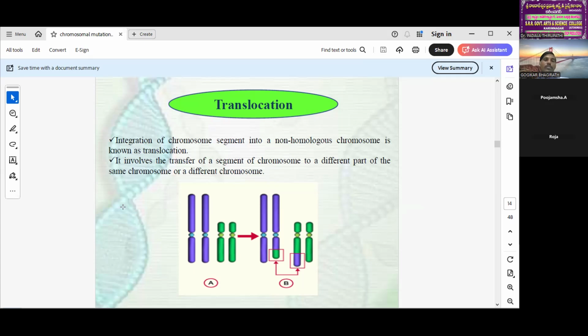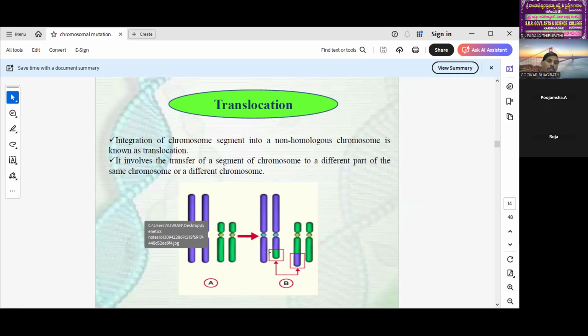For example, x equals 4, that means 4 pairs of chromosomes are there. A block of genes is deleted and shifted to another chromosome, not the same haploid chromosome. That's why it's called a non-homologous chromosome. It involves the transfer of a segment of a chromosome to a different part of the same chromosome or a different chromosome.